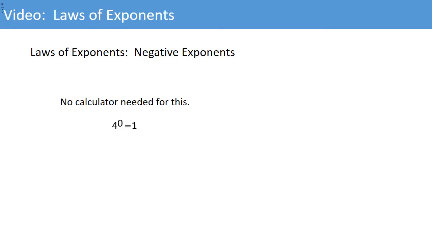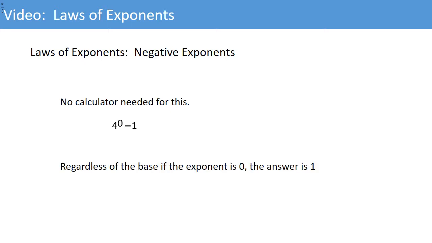Now, 4 to the exponent 0 is equal to 1. No calculator is ever needed if the exponent is 0 because, regardless of the base, if the exponent is 0, the answer is 1.